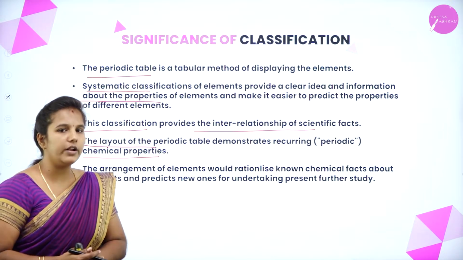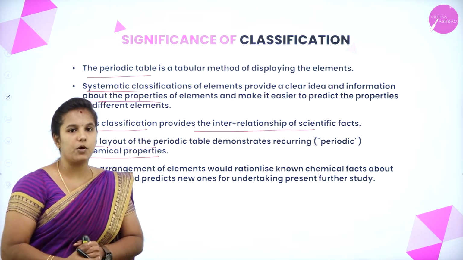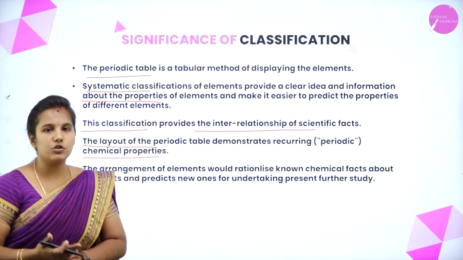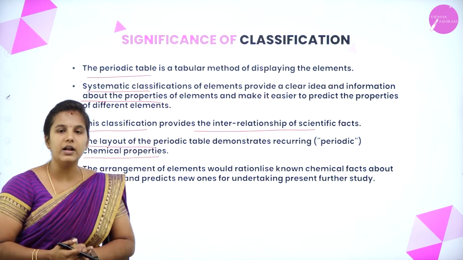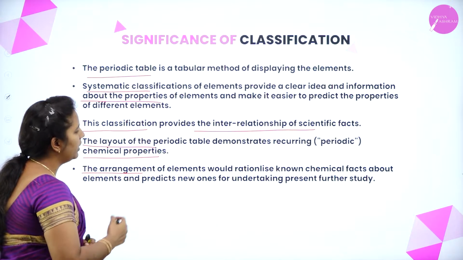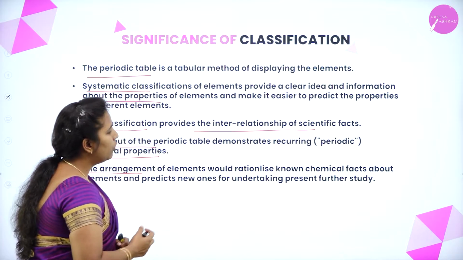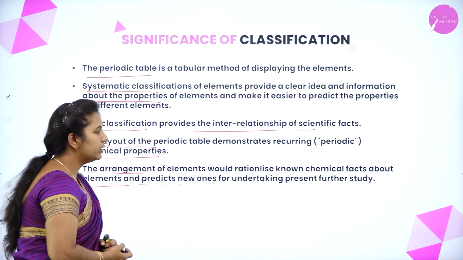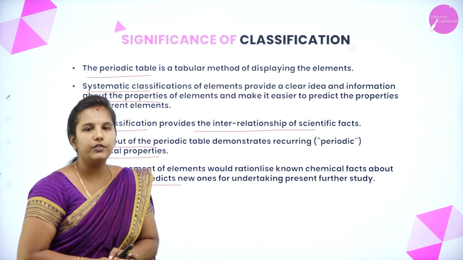Not only that, the periodic table gives us similar physical properties, and it also helps us to understand the role of elements which show different chemical properties in different chemical reactions. And also, the arrangement of the elements would rationalize the known chemical facts about the elements and predict new ones for further study.